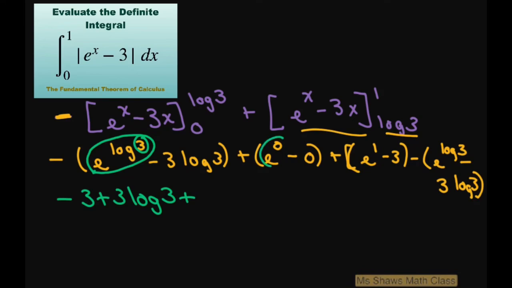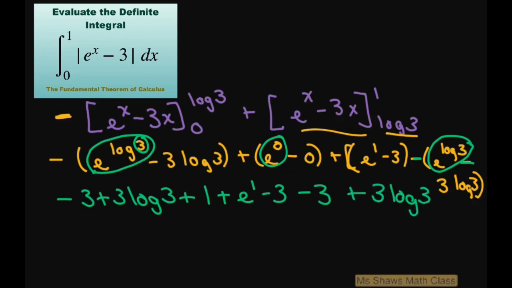Plus this equals 1, plus e to the power of 1 minus 3. Again, this one right here is just going to equal 3, so it's going to be minus 3. And then we have minus a negative, so this can be plus 3 log of 3.